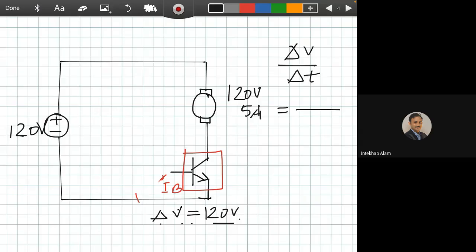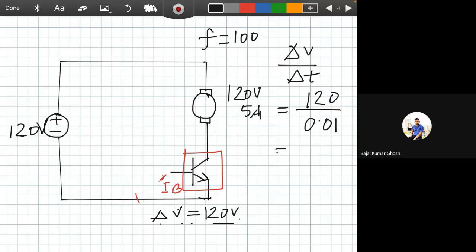So if frequency is 100, then del T is equal to 0.01. Do you agree? F equals 100, so del T equals 0.01 and del V equals 120. So what is its value? Sir, 12,000. Good. It's 12,000.